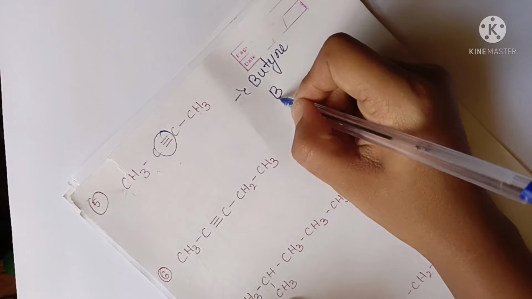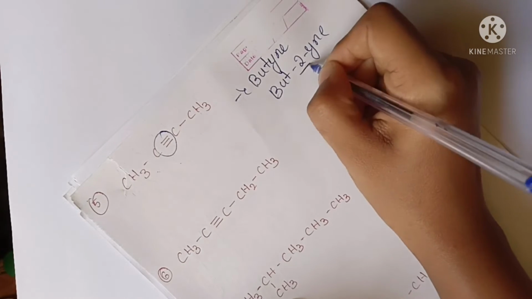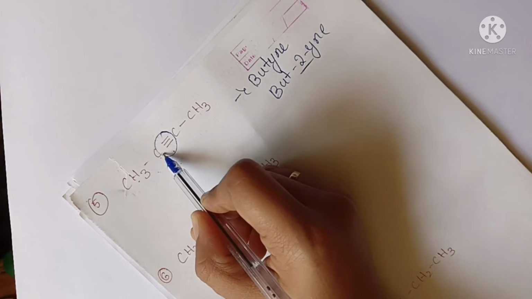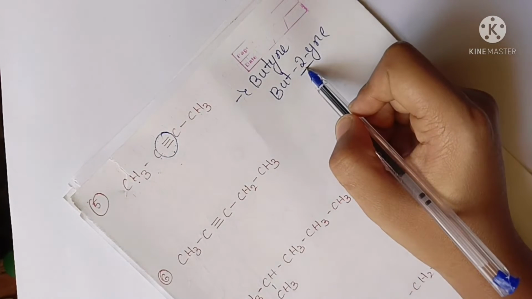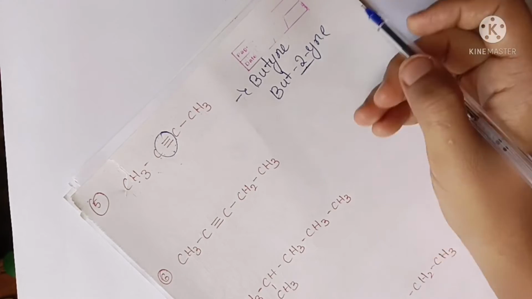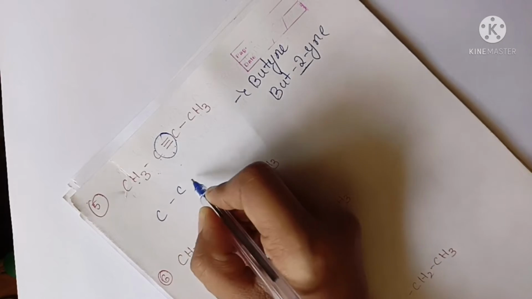Or you can write but-2-yne. This 2 says where exactly the triple bond is. For the second carbon the triple bond is there, right? So this 2 shows the exact position of the triple bond.